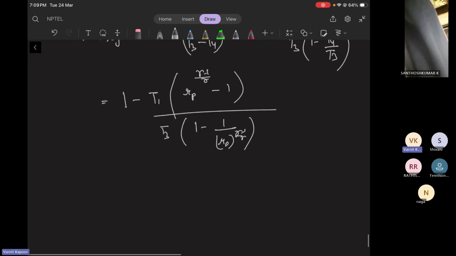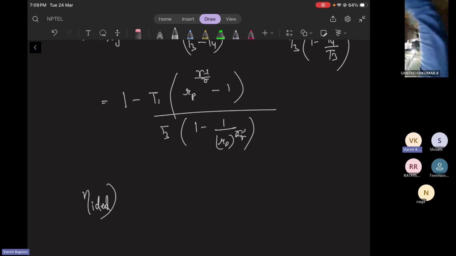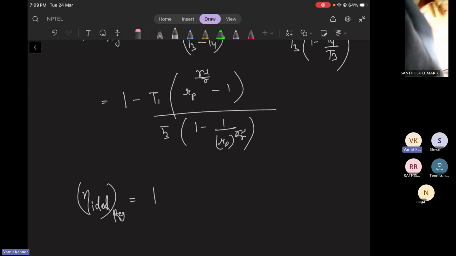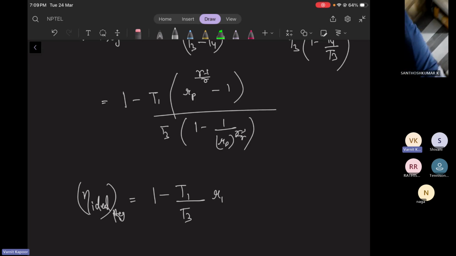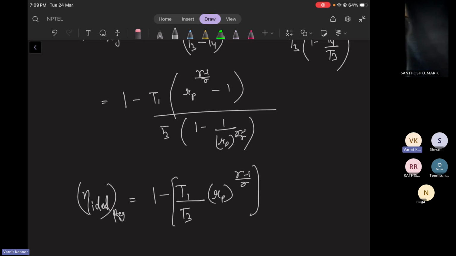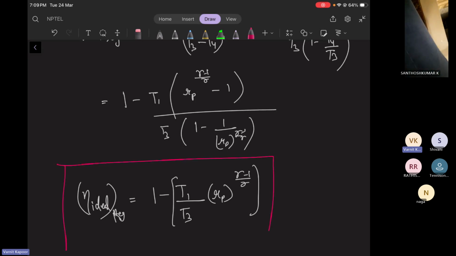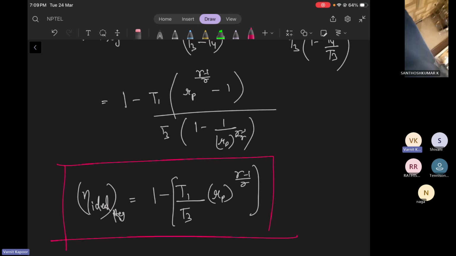On finally simplifying, your ideal efficiency for a regenerative cycle will be 1 minus T1 by T3 into Rp to the power of gamma minus 1 by gamma. This is your final expression.